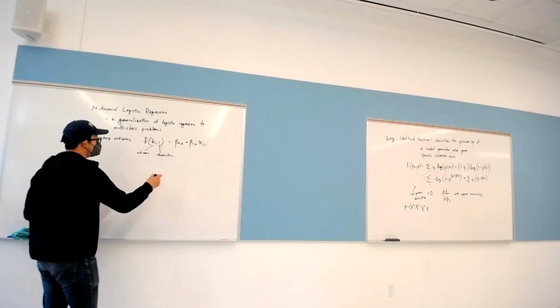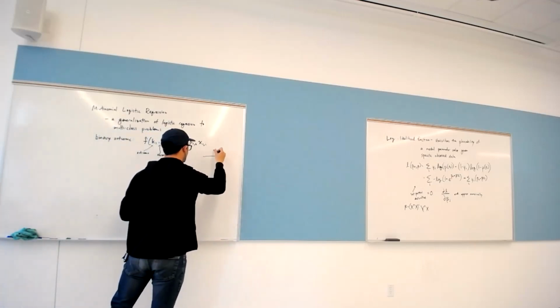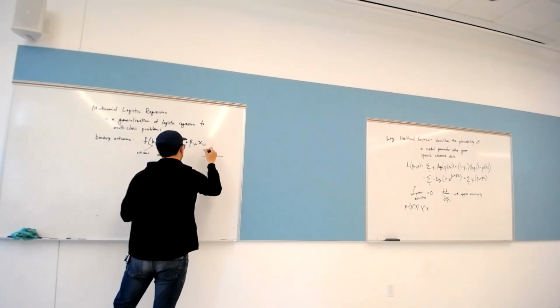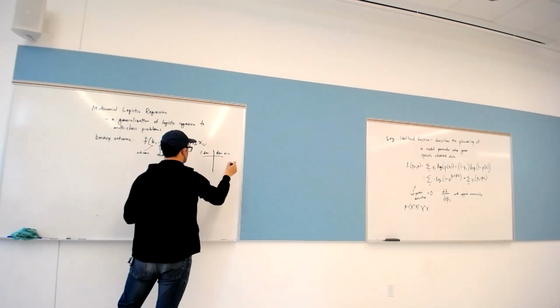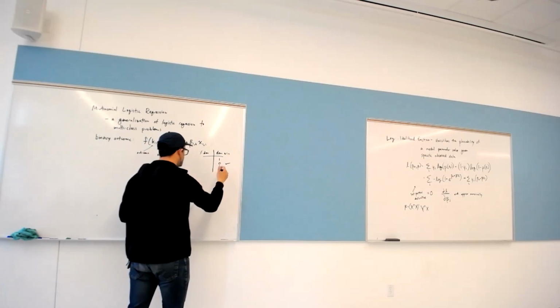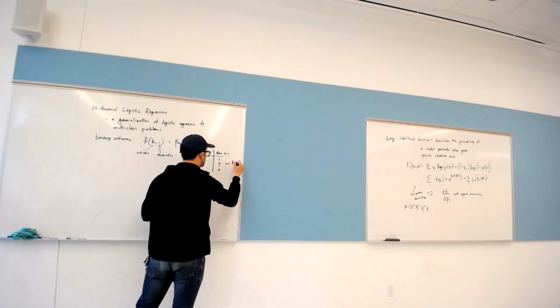So last time we had this example of percent Democrats, and then Democrats win, and K only has 2 values.